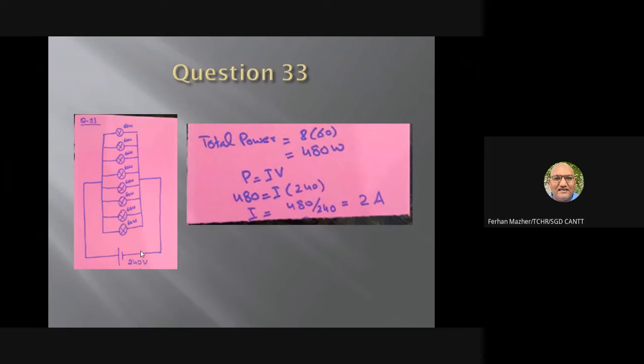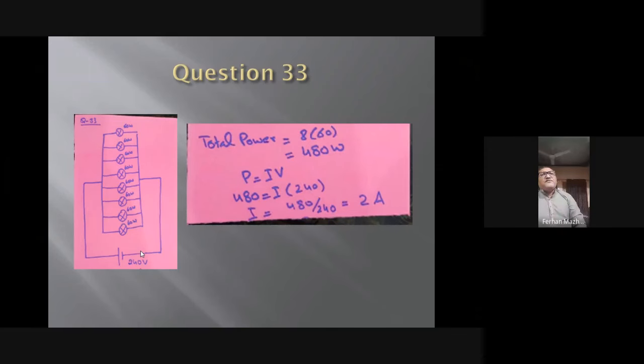So the total power of the whole circuit will become 8 multiplied by 60, 480 watt. The current coming from the battery will be, P equals IV, 480 divided by 240, which is 2 ampere.